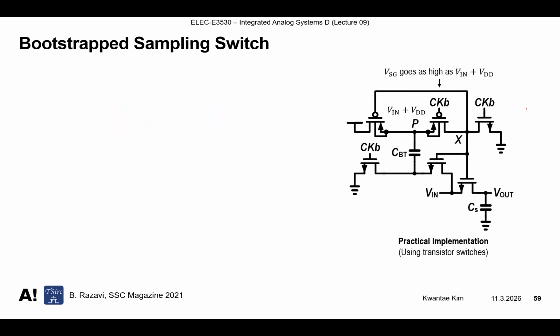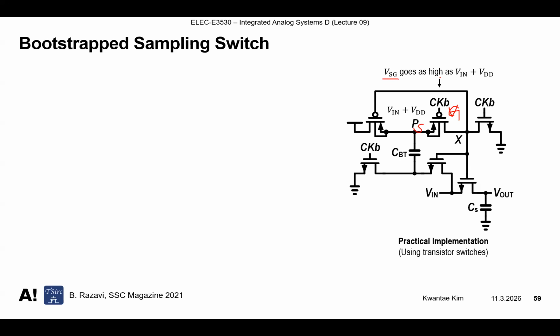Then let me go back to the safety discussion. We don't want this transistor to blow up and break. So we can drive this transistor's VSG to a safer condition. Here, this is the source voltage, and this is the gate voltage.